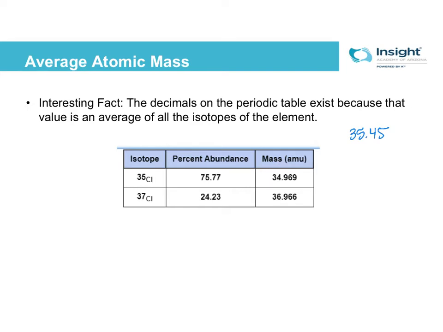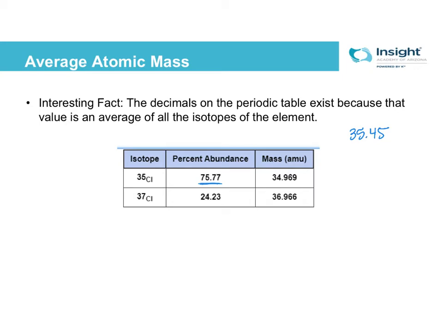All right, to actually calculate this, you can do a general approximation in the sense that you know there's more chlorine-35. 76% of chlorine is chlorine-35. So you can come up with, well, okay, my mass is going to be closer to 35 than it would be to 37.